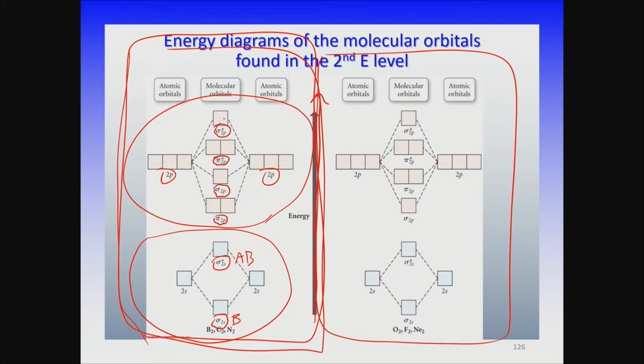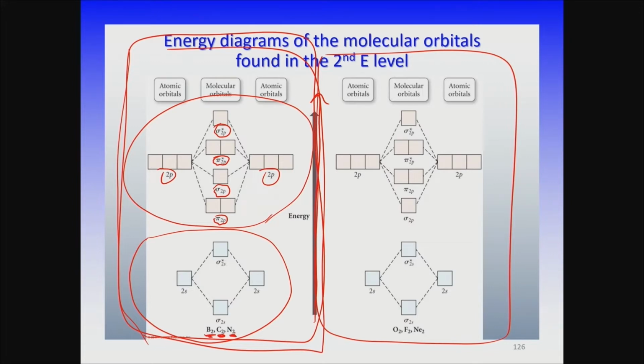Those are the 6 molecular orbitals that are formed from the atomic p orbitals. Now this left diagram basically applies when you're trying to figure out electron configurations for molecules or molecular ions where both atoms are either boron, carbon, or nitrogen.